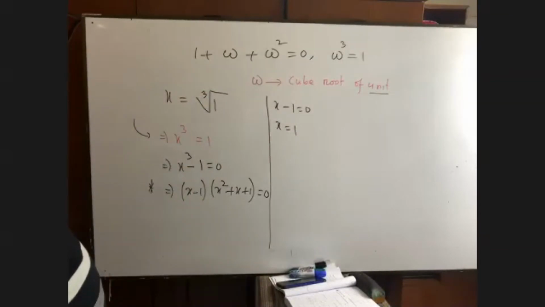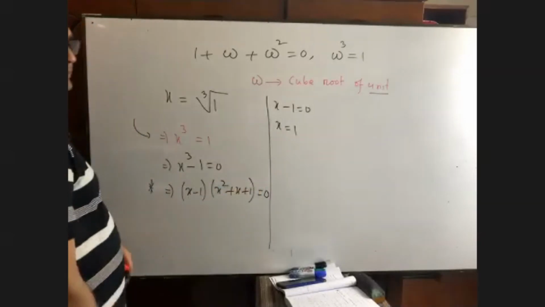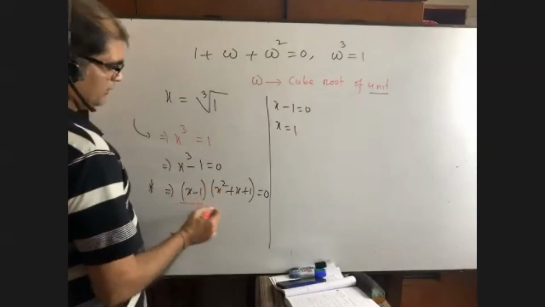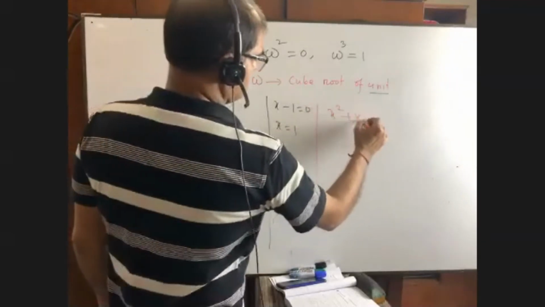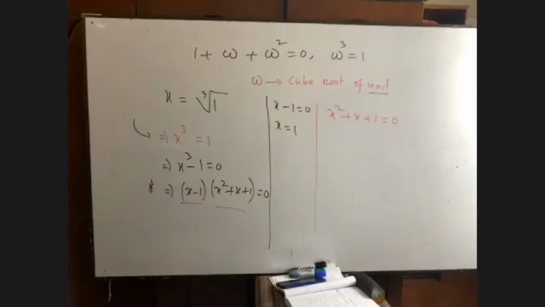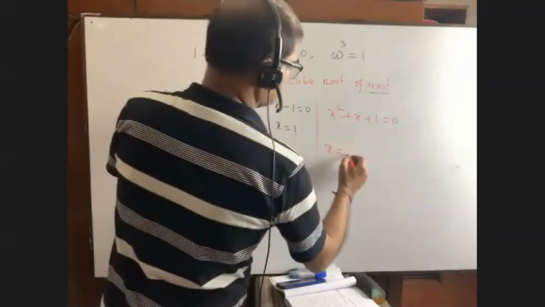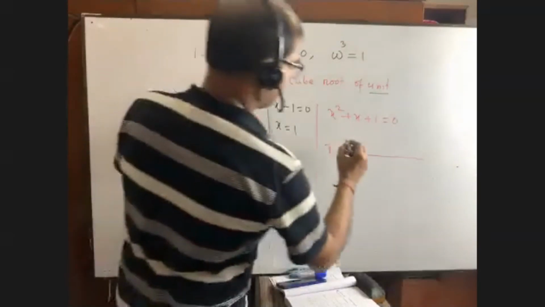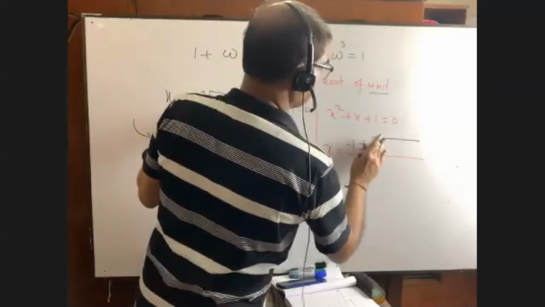Now, what we are getting here is x equals 1, right? And we are also getting x square plus x plus 1 equals 0. So x equals minus b plus or minus root over b square minus 4ac.